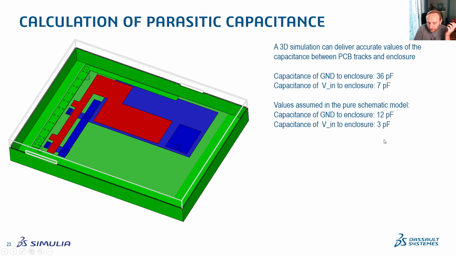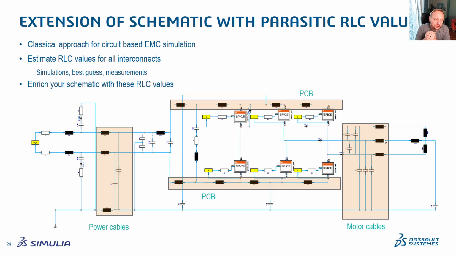So that's a first and simple step in how to employ 3D simulations. What is often done in power electronics is that all of these parasitics, the parasitics to the enclosure, of every signal trace, of the cables, and so on, are estimated by a simulation, or by some best-guess value or measurement.